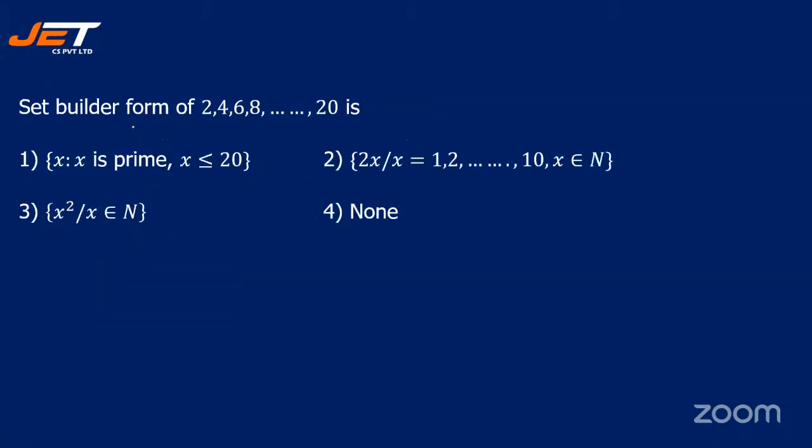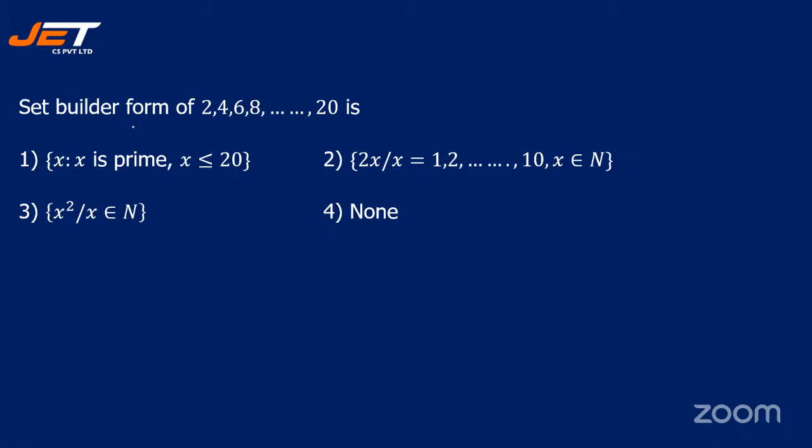Set builder form of 2, 4, 6, 8 and so on till 20 is dash. The first option is x such that x is a prime number, x less than or equal to 20. That cannot be, isn't it? Because 4 is not a prime number, 6 is not a prime number, 8 is not a prime number. So that cannot be the answer.